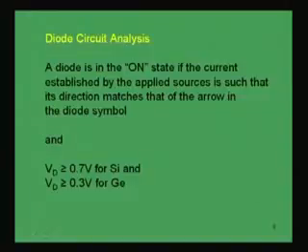So, in a circuit when we apply the diode, we have to see how much voltage is being applied across the diode and in what direction. Whenever it is beyond 0.7 volt for silicon and 0.3 volt for germanium, then the diode will conduct and the direction of current will be given by the direction of the diode current when it is in the on state, that we can find out.